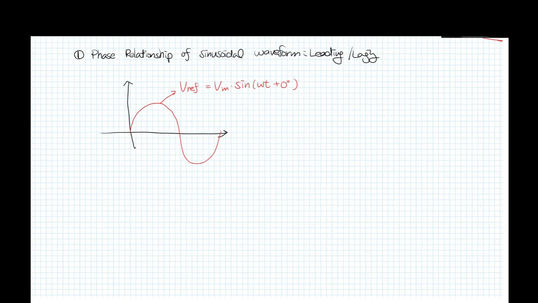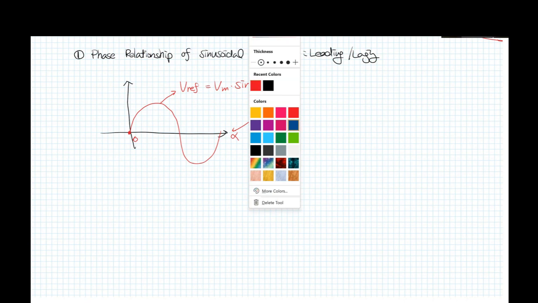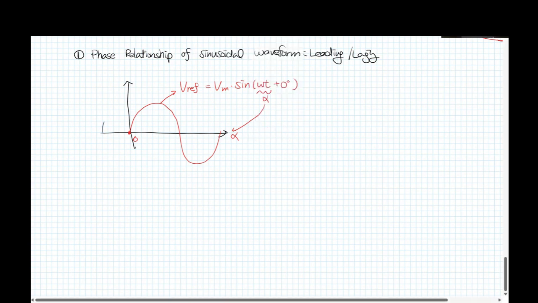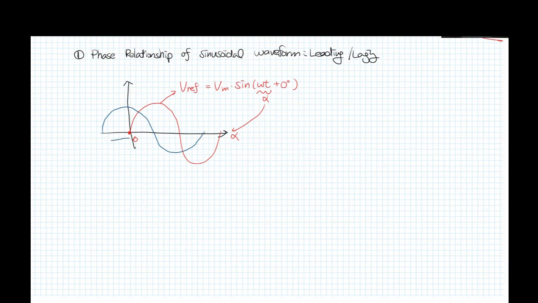And omega t is the alpha here. The starting point is going to 0, but like this one, shift to the left, minus, right? Minus, for example, minus 30.